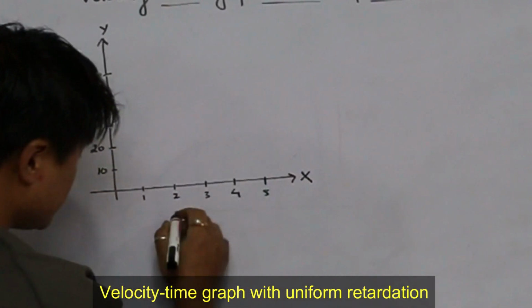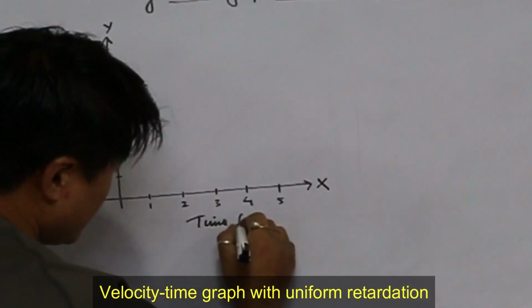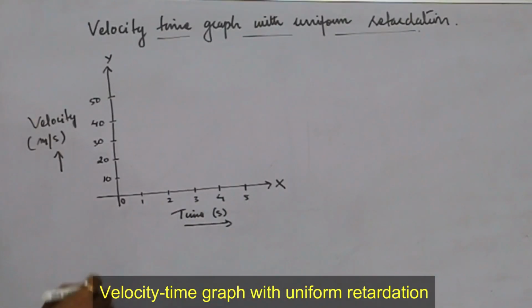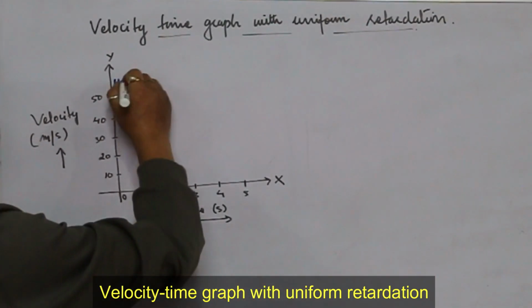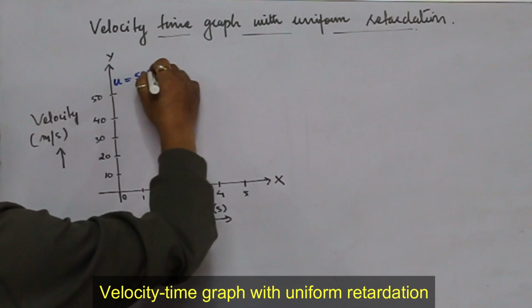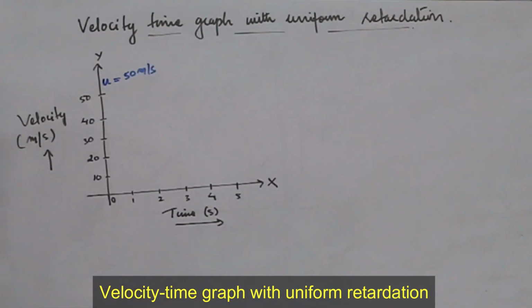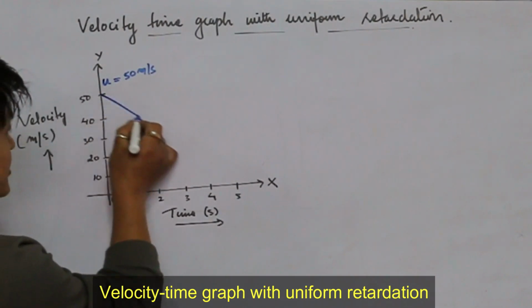It's the x-axis, it's time in seconds. Initially, the velocity of the body u is 50 meter per second. If the velocity of the moving body is decreasing by an equal amount in each second, then the graph will be like this.